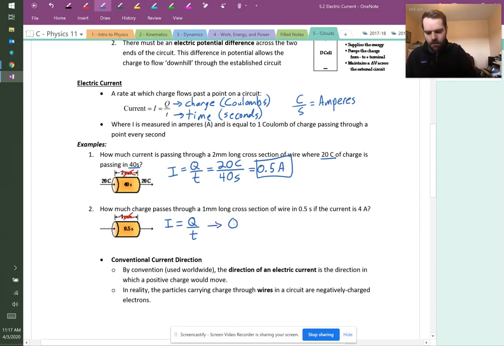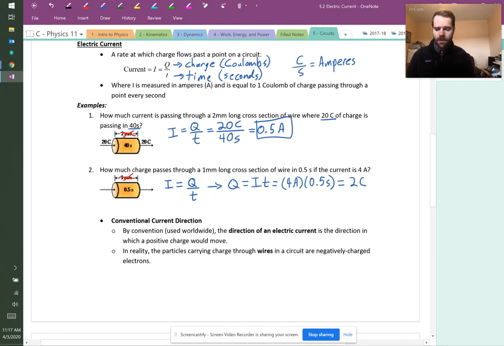Rearranging our equation, charge is equal to current times time. We get 4 amps times 0.5 seconds, which tells us that 2 coulombs of charge are going to pass through in half a second if we have 4 amps of current.